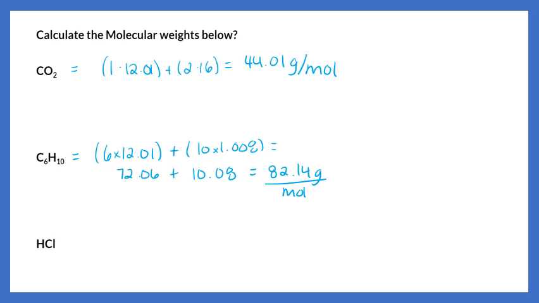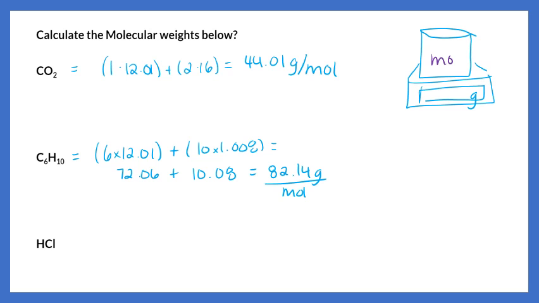Grams over mole, okay? Molecular weights, remember, we have our bucket on our scale. So it's the number of grams per 1 mole, okay? Grams per mole. All of these are in grams per mole.